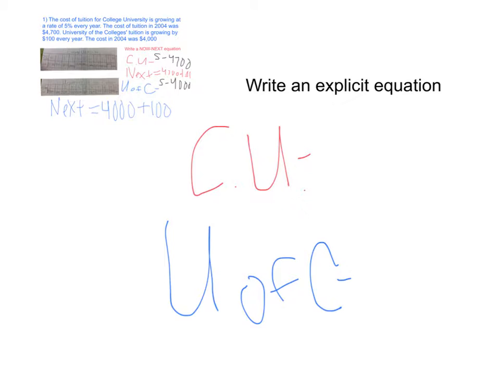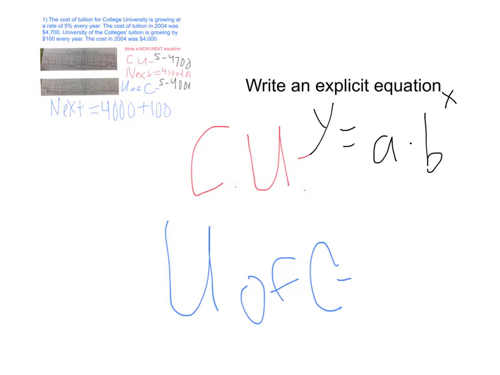Now we're going to make explicit equations for both problems. Since College University is an exponential growth, its equation is y equals a times b to the x power.